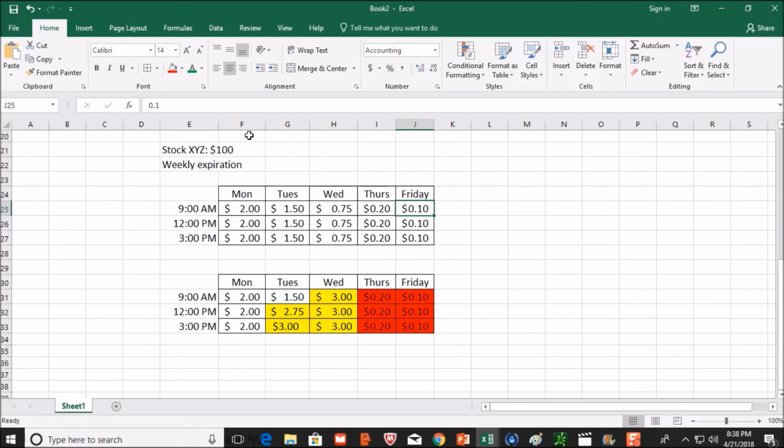So let's say the stock still is trading at $100, but on Tuesday at noon, this company announces they're going to release their earnings earlier than they had planned to. The initial plan was earnings was going to be released the following week, but now they've decided to release earnings on Thursday morning of this expiration week.